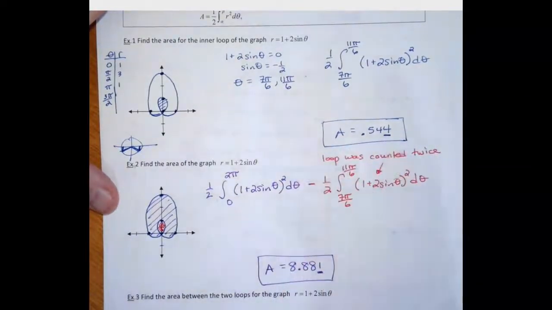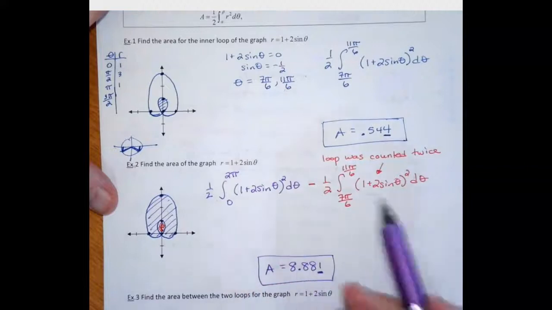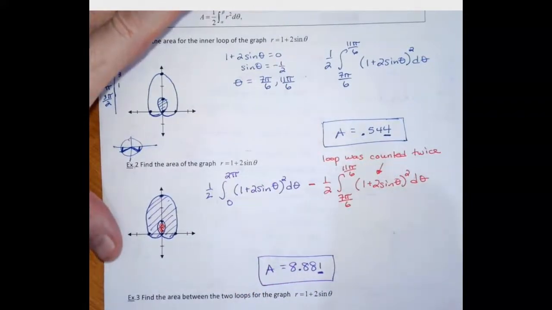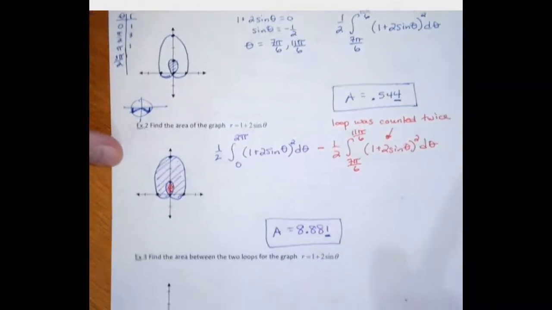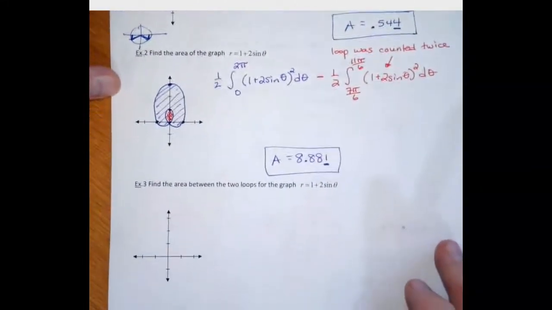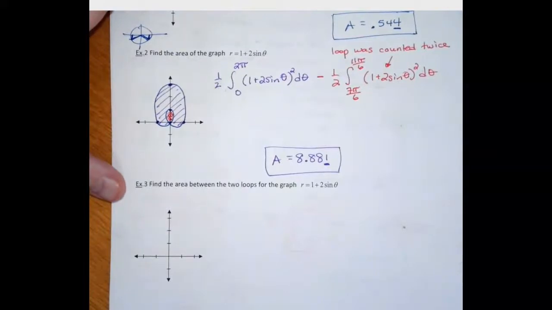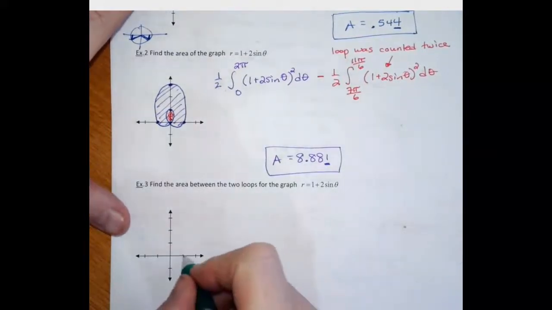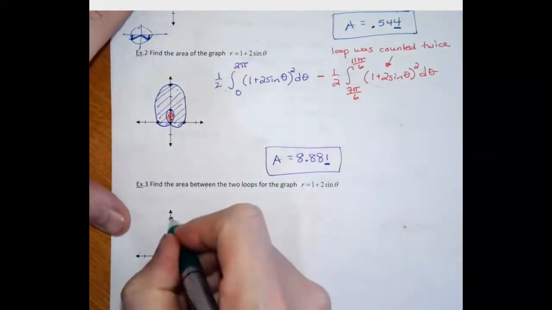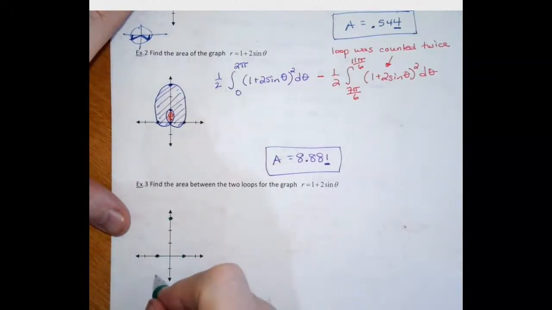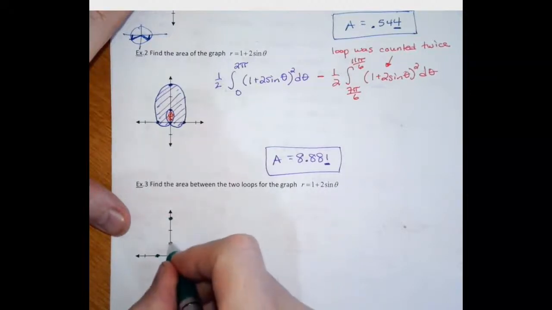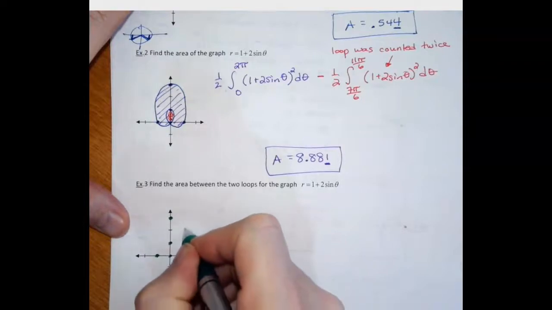Square that out, switch the squared to 1 plus cosine over 2 theta over 2. Okay, and this last one down here, again, same.